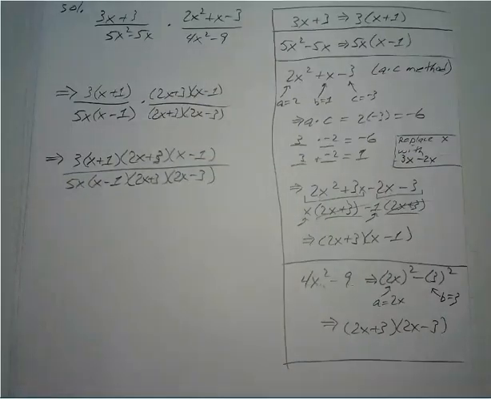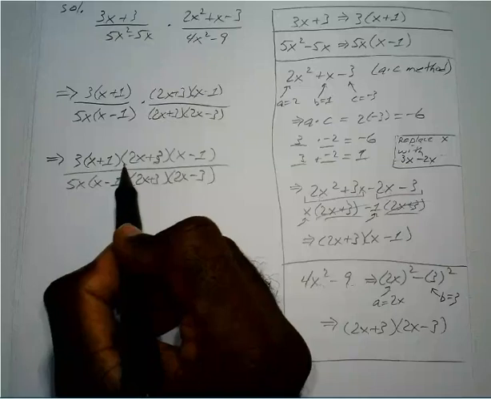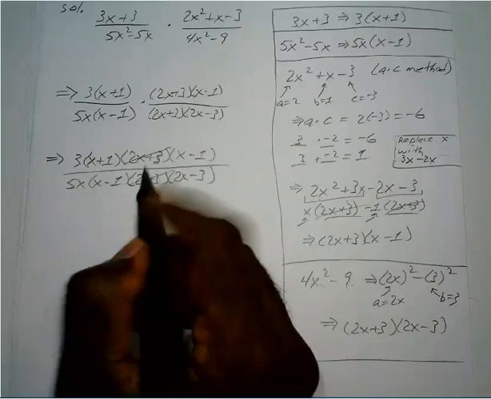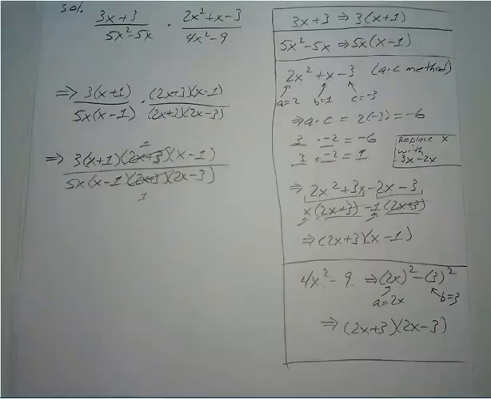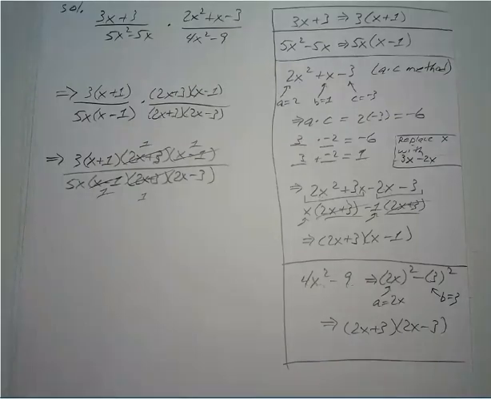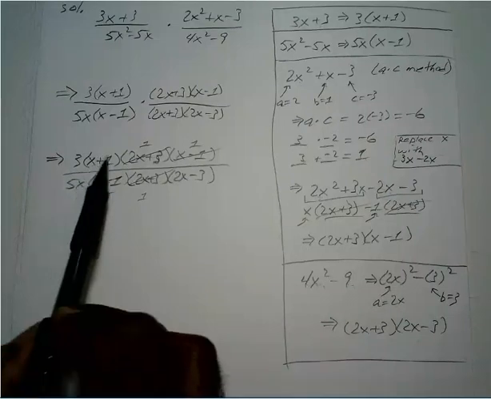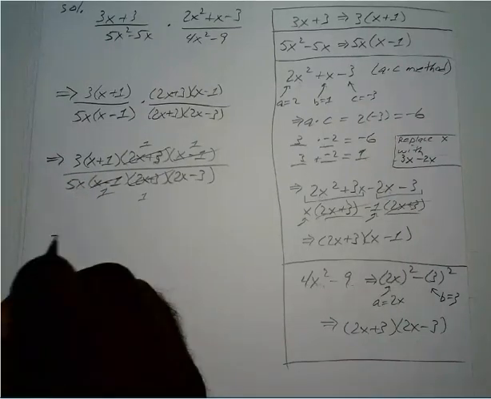Alright, so once you do that, now you start canceling out. This 2x plus 3 cancels with this 2x plus 3. Okay, this x minus 1 cancels with this x minus 1. Okay, so as you see, we don't have anything else in the top and bottom that cancels out. So everything that doesn't cancel out becomes our answer.